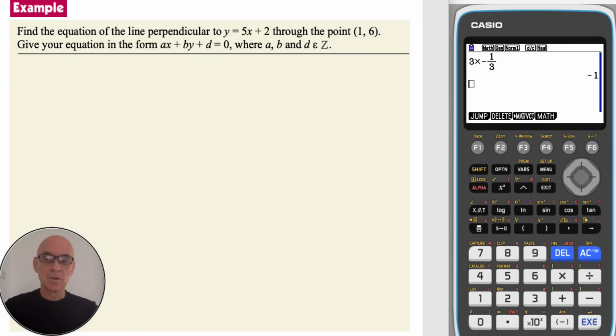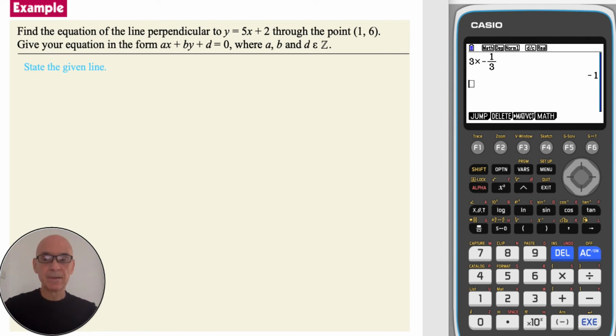In this question, we're asked to find the equation of the line perpendicular to the given line passing through the point 1, 6. We're asked to give the answer in the form ax plus by plus d equals 0, where a, b and d belong to the set of integers.